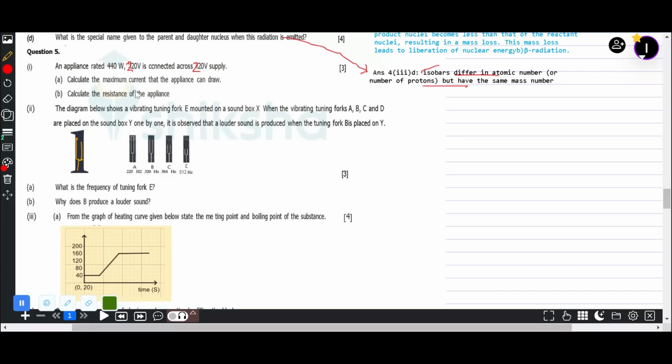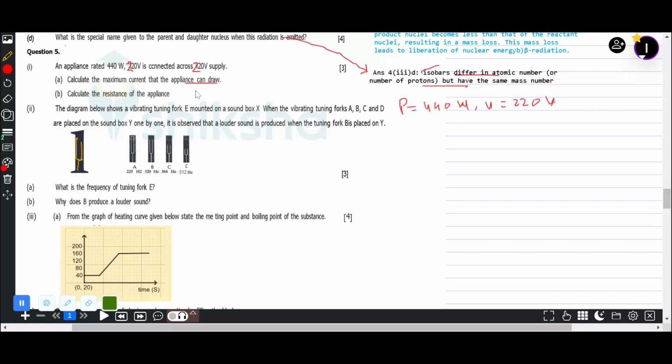So we have to calculate the maximum current that the appliance can draw. We have power which is equal to 440 watts, and voltage rating given as 220 volts.